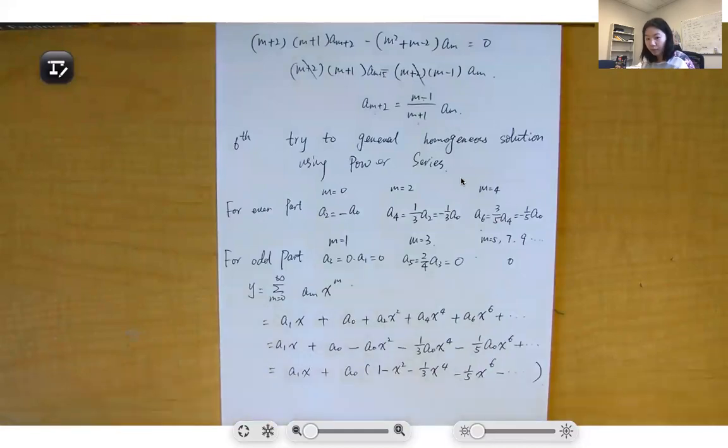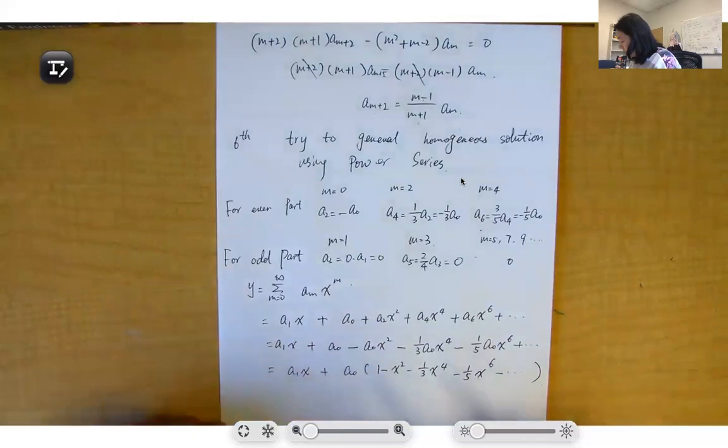So do we have two linearly independent solutions? We have. One part will be x, the other part will be this whole series, and the coefficients, and they will be linearly combined together to be the homogeneous solution. So the constants will be a1 and a naught here. Okay, so we have c1 equals a naught.